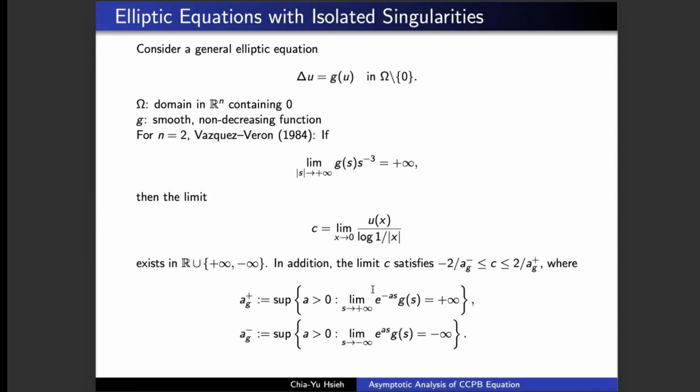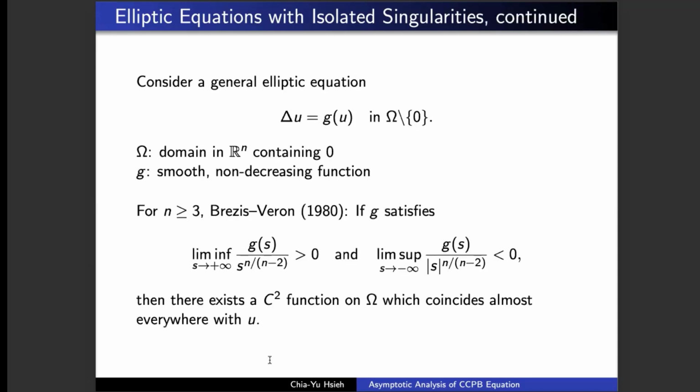If we put in our Poisson-Boltzmann equation, then both a_g plus and a_g minus equal 1 here, and c is between minus 2 and plus 2. As for n greater than or equal to 3, Brezis and Véron proved that if the growth rate of g is greater than s to the n over n minus 2, then all singularities are removable. Of course, the exponential growth is greater than this algebraic growth.